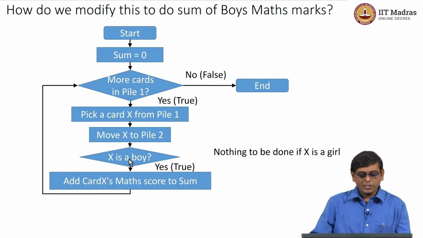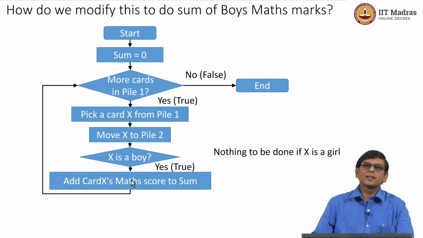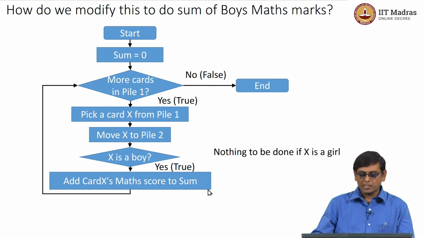When we check whether X is a boy, it could turn out that the card X actually is a girl, in which case there is nothing to be done. So, how do we represent that nothing is to be done? If there is nothing to be done, then we are not adding the maths score to sum. So, in some sense we have to skip this next step, and the easiest way to represent that is to bypass this box and go to the point after it.